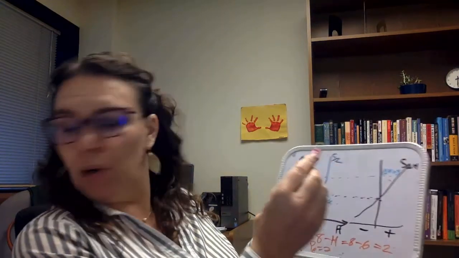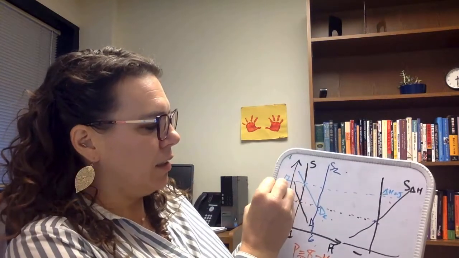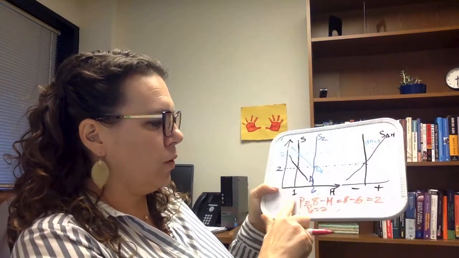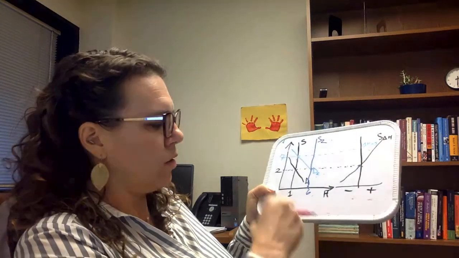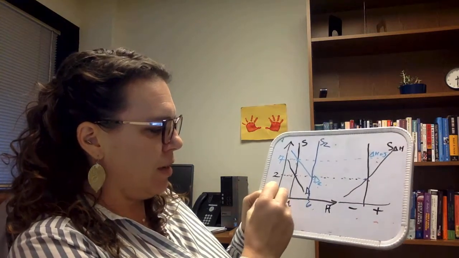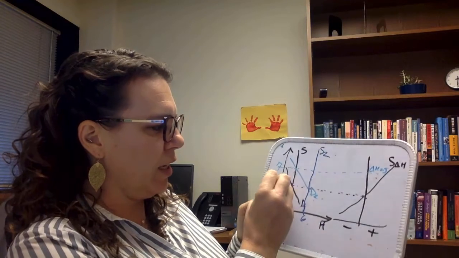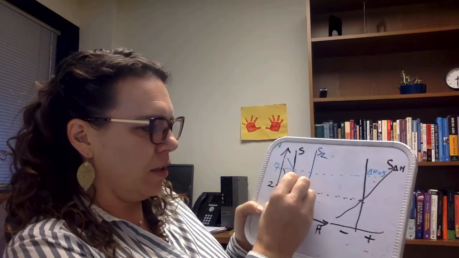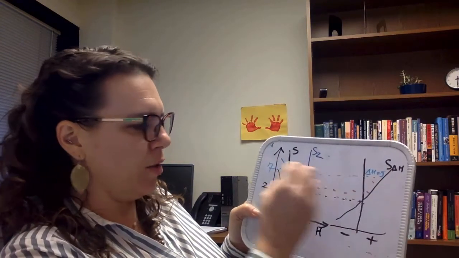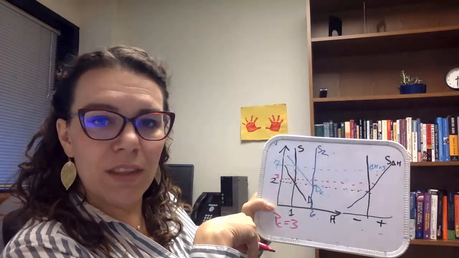So if we imposed a rent control price, that would be the next step, part F. The next step would be to say, what if rent control was imposed at price C equal to 3? So now we have a rent control price equal to 3, and that's going to be this over here. What would that do?